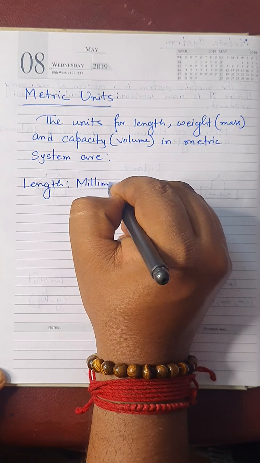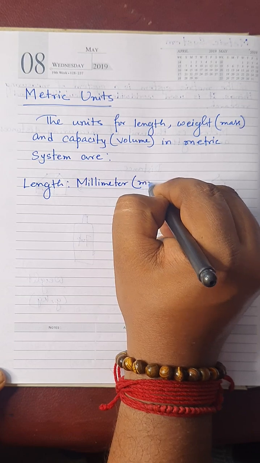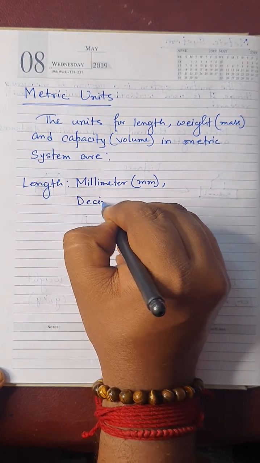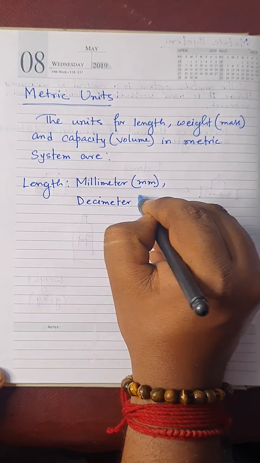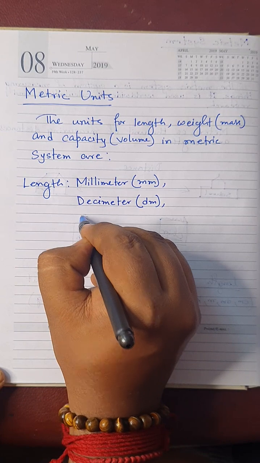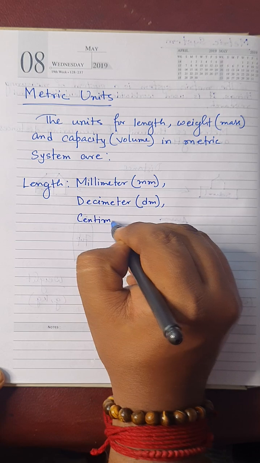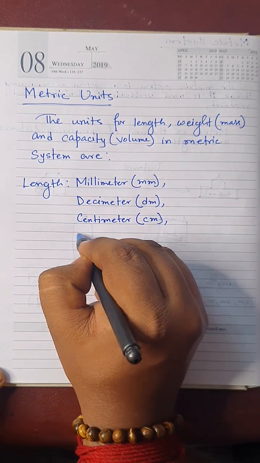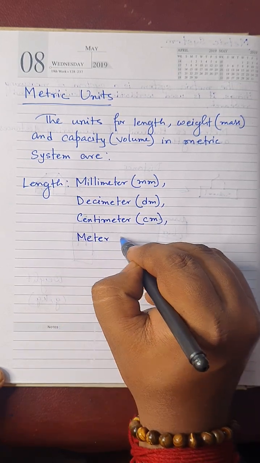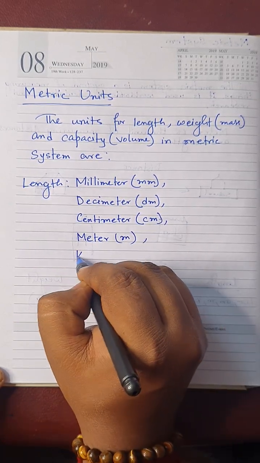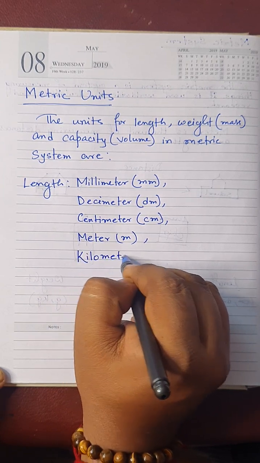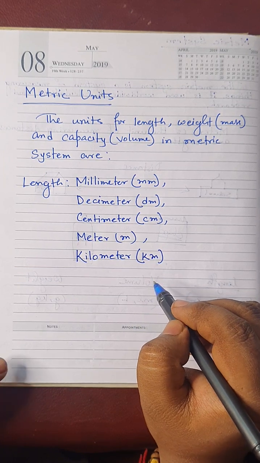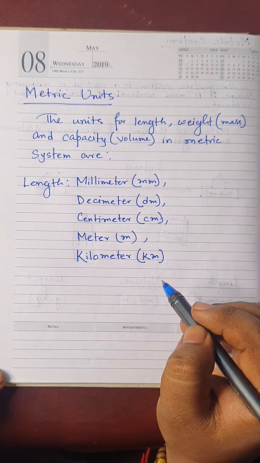For length: millimeter, mm, decimeter, dm, centimeter, cm, meter, m, and kilometer, km. These are used to measure how long or wide or tall an object is.